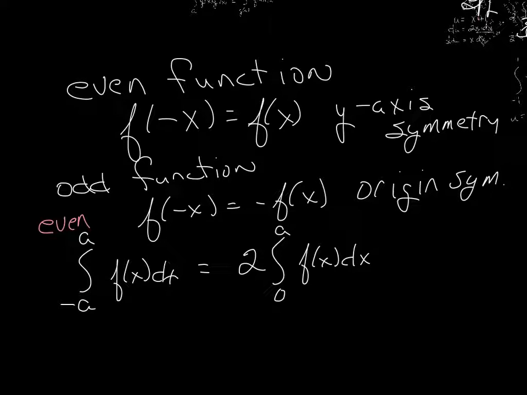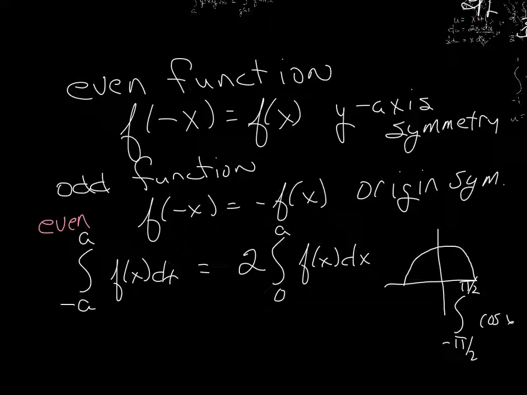Probably a good example of that, if we think about the cosine curve. Say we wanted to integrate from negative pi over 2 to pi over 2 of the cosine. Okay, those areas are the same, aren't they? This area is the same as this area.